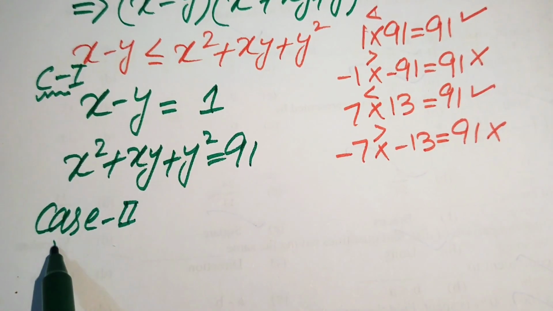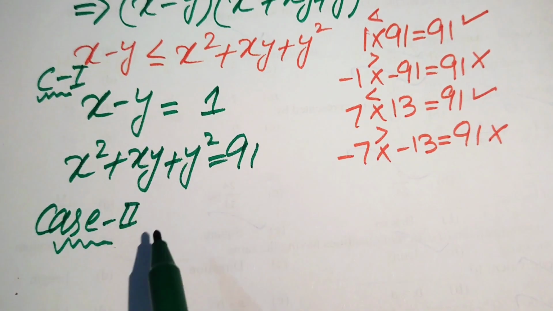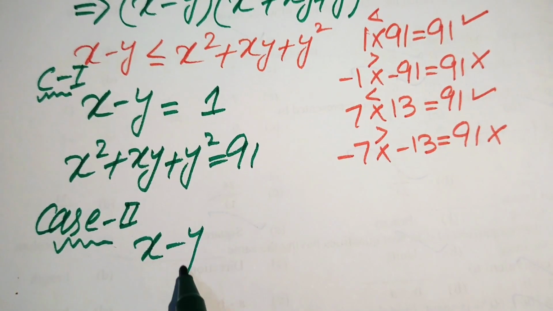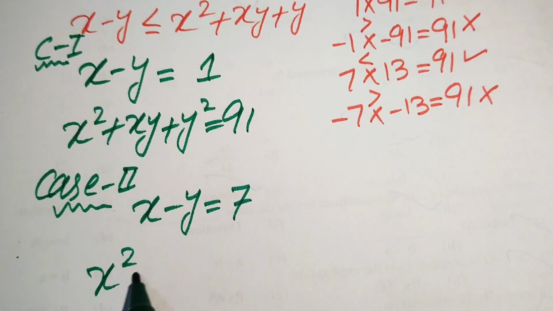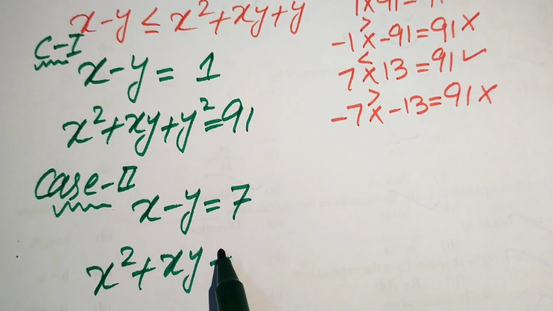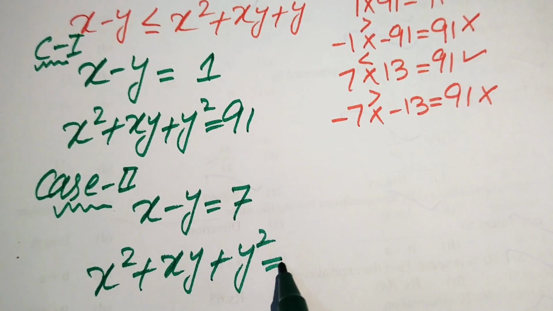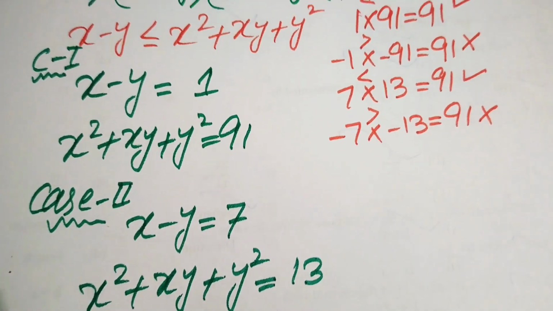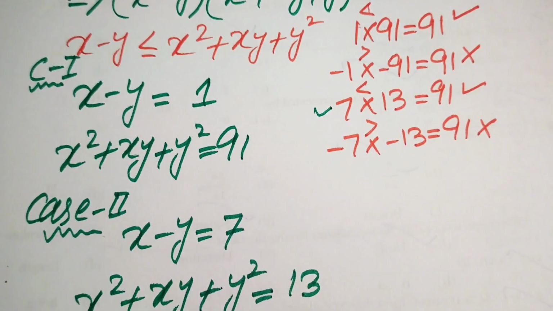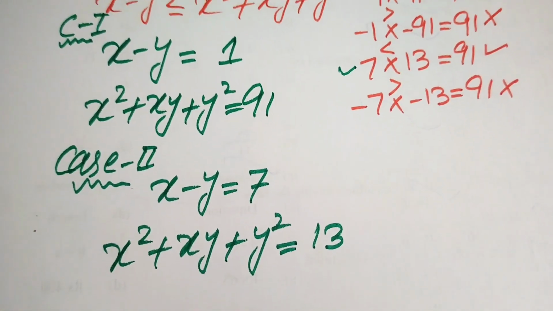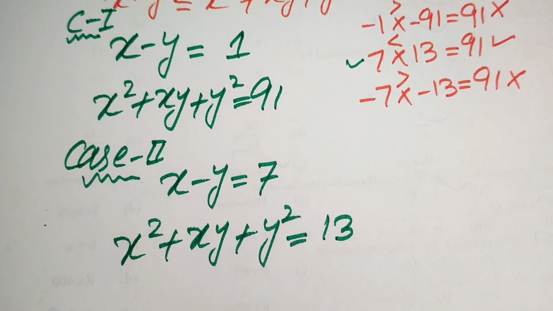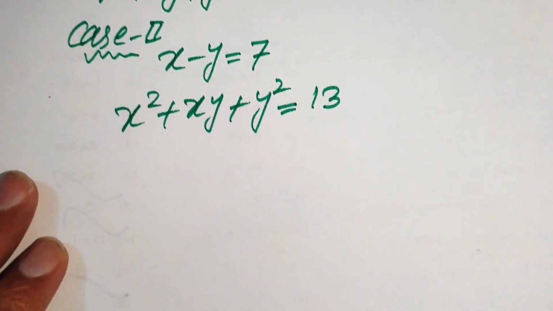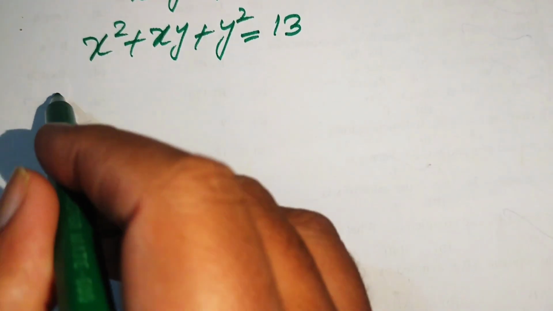In case 2, we choose the first factor x minus y equals 7, and x squared plus xy plus y squared equals 13. Finally we have these two cases, and now we need to solve these two systems, and we easily get the values of x and y.